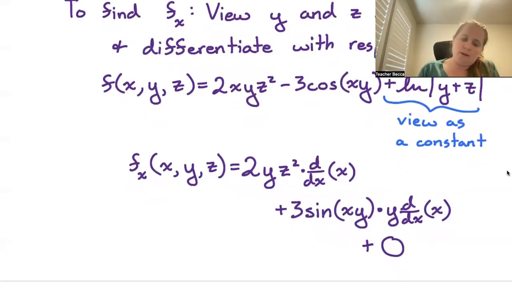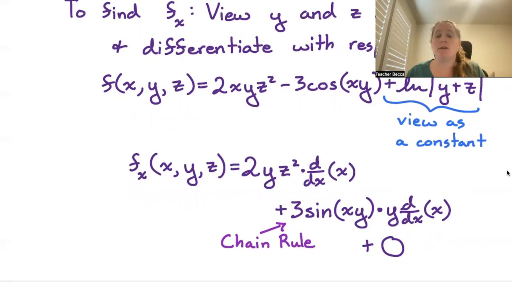So here, we're applying the chain rule on minus 3 cosine xy. Again, unlike with implicit differentiation, we're viewing y as a constant, so we don't need to worry about product rule.